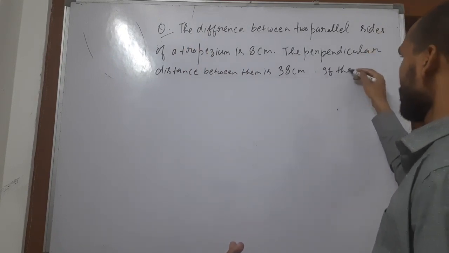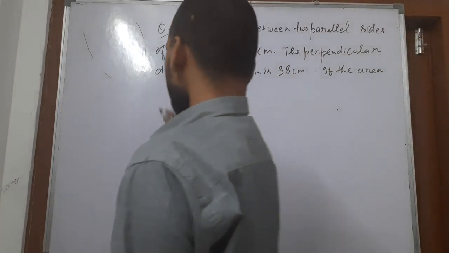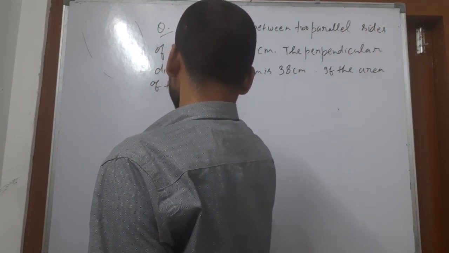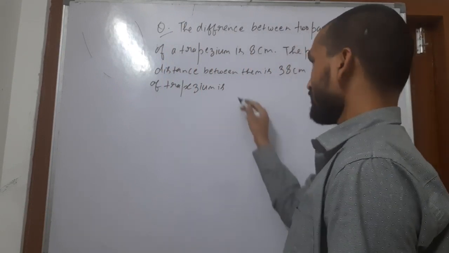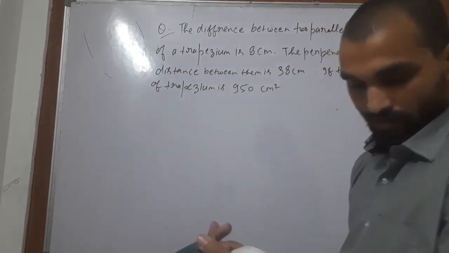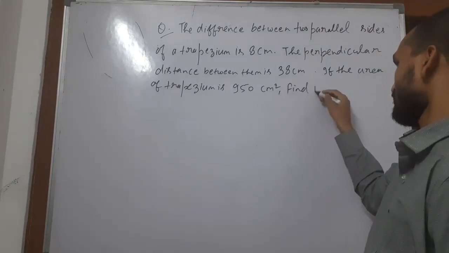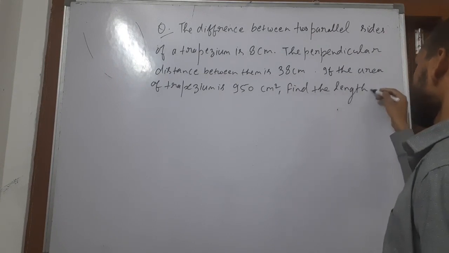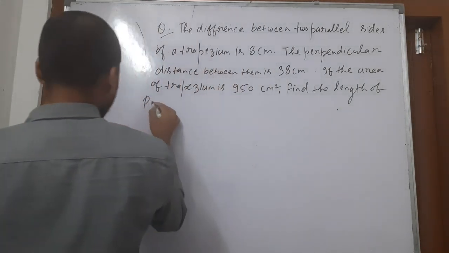If the area of trapezium is 950 centimeter square, find the length of parallel sides.